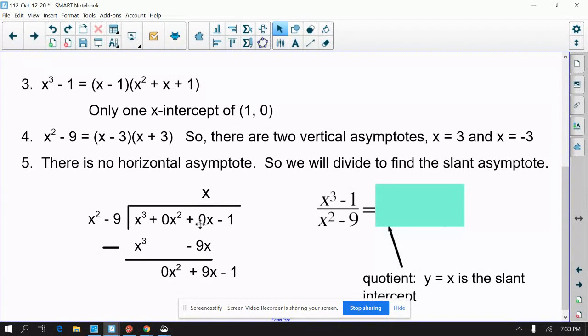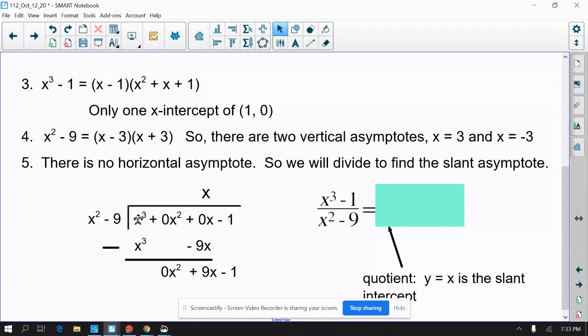So notice my placeholders, 0x squared and 0x, and I'm motivated to put something up here so that when I multiply, I get x cubed and cancel out that x cubed. So knowing in advance that I'm going to multiply by x squared, I would put an x. So x times x squared is x to the third. x times negative 9 is negative 9x.